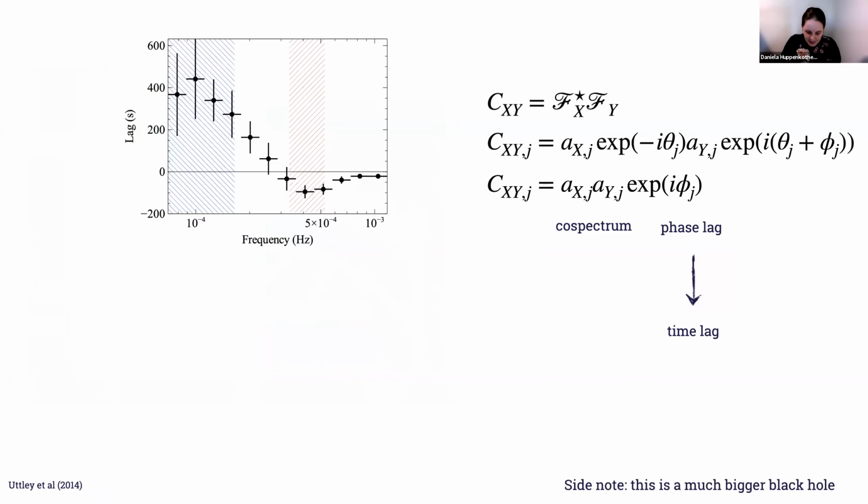Okay, here's what that looks like. Small disclaimer, this is actually for a much bigger black hole, but it was a really nice figure, and bigger black holes are almost scaled up versions of some of the smaller black holes.